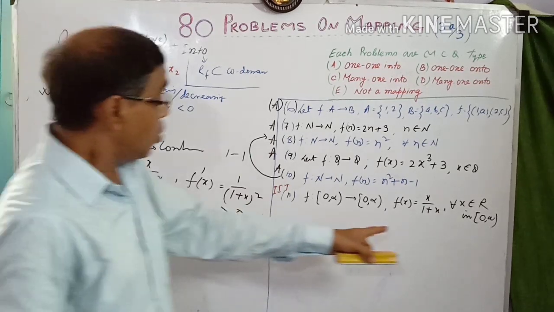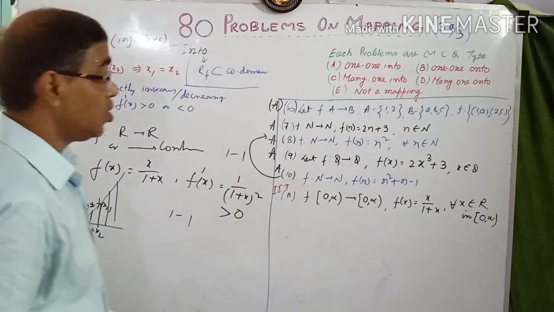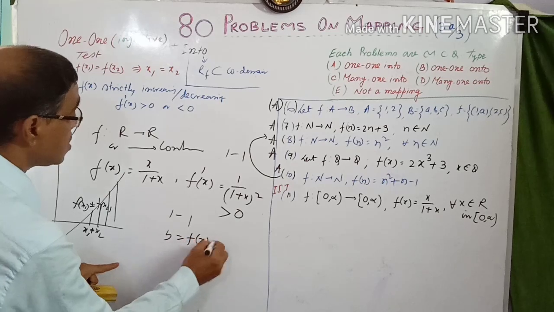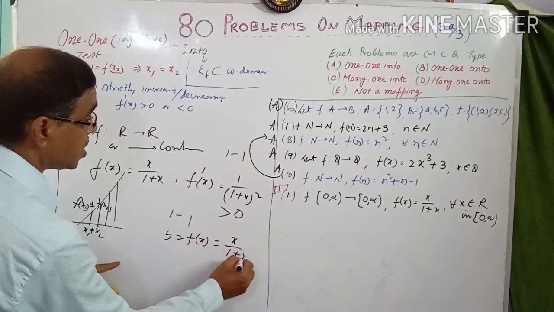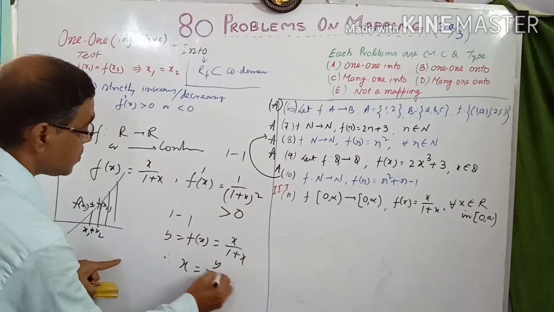Now we show whether it is into or onto. Suppose y equal to f(x) equals x by 1 plus x. Therefore, x equal to y by 1 minus y.